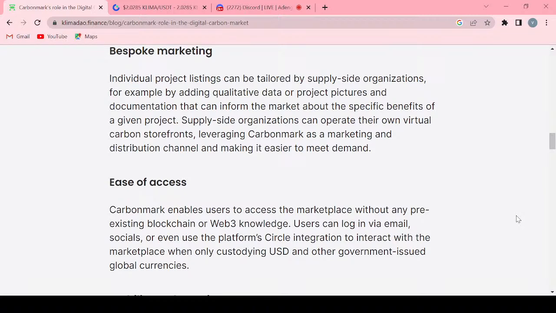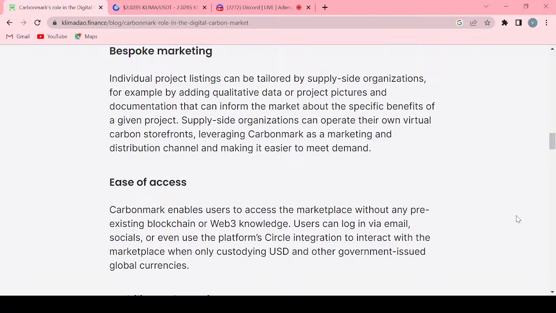When only considering USD or other government-issued global currency, we can also make use of USDT or other country currencies to start purchasing the marketplace materials here.